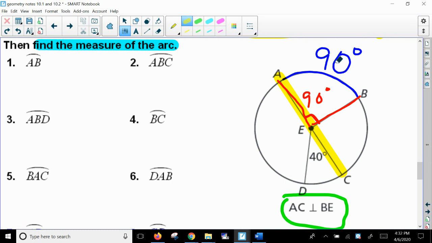So arc ABC, all of that is your half circle, or semicircle. So all of this is 180. Well, if this slice is 90, then from B to C, in order to make 180, that slice needs to be 90 also. See what I'm doing? I'm filling in my slices.